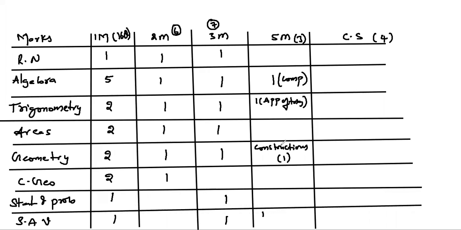There's a chance of that. So these are the chapters with a chance of getting 5 marks, and I'm writing all of them here, okay? And there is a chance of getting a 5 mark question for statistics also, okay? So if you get a statistics 5 mark question, surface area and volume will change to 3 marks.